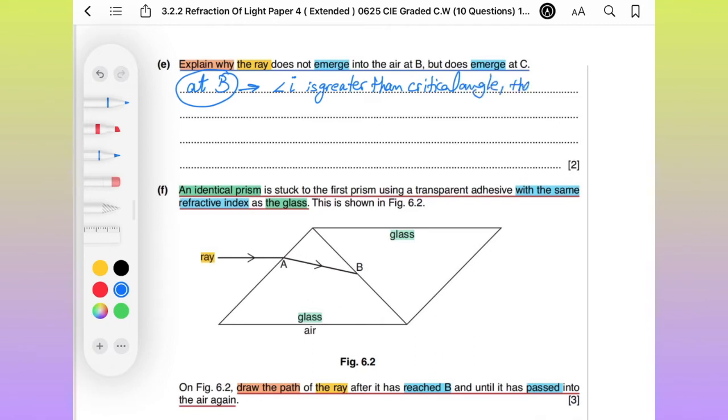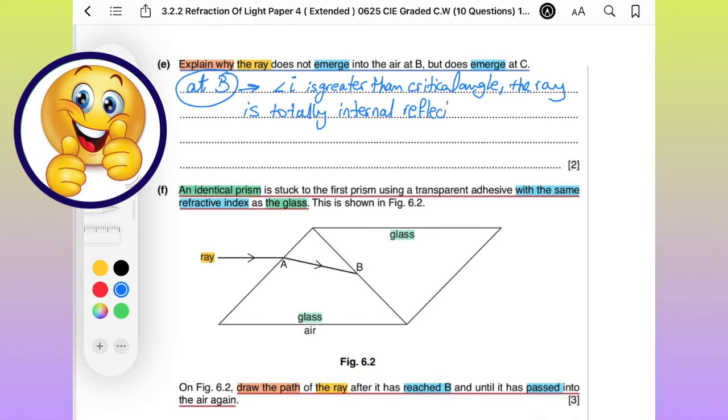The ray is totally internally reflected in glass.